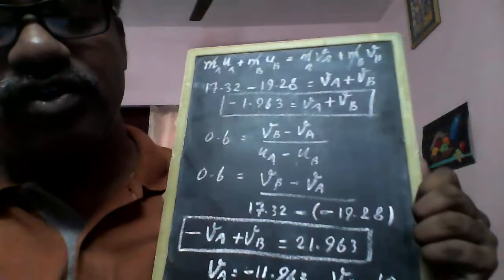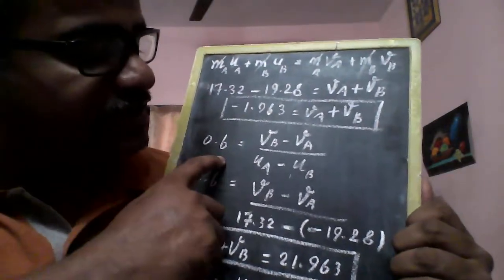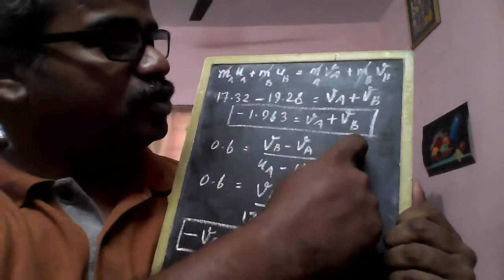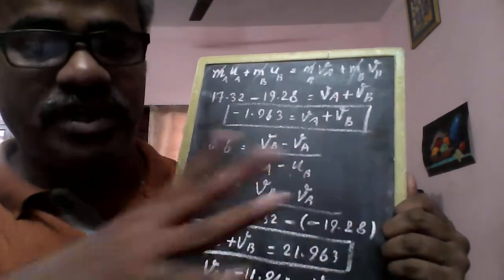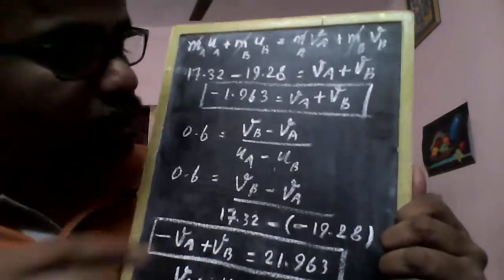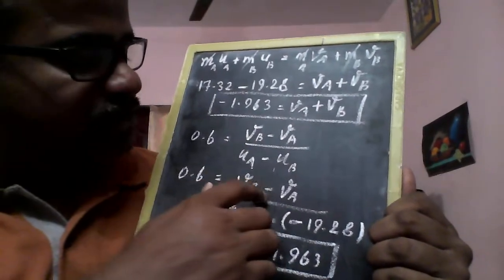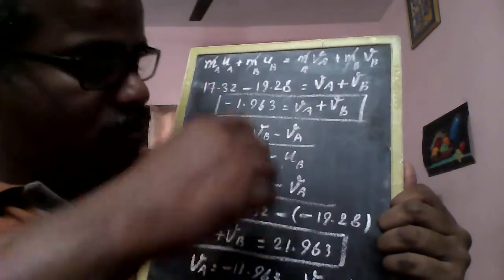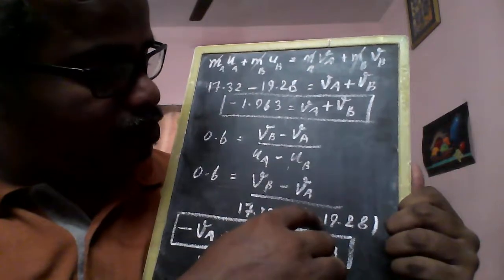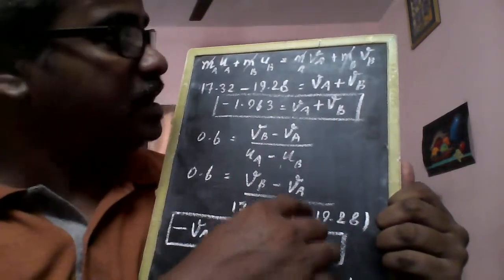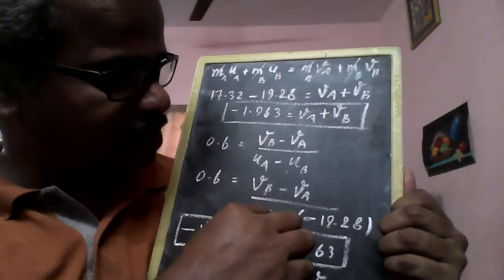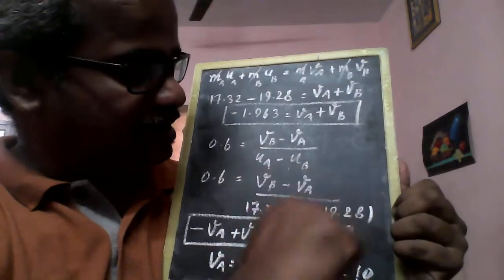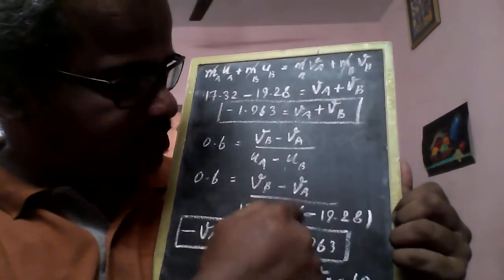Then using the coefficient of restitution equation, 0.6 is equal to (VB minus VA) by (UA minus UB), that is (V2 minus V1) by (U1 minus U2). That was the equation. UA is 17.32 and UB is minus 19.28: one minus is for the equation and the other minus is for the negative direction of the velocity, so it will be plus.